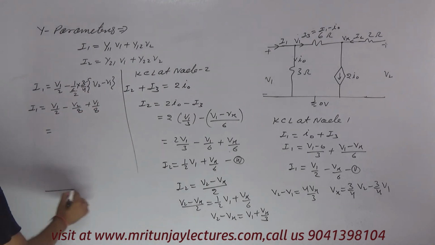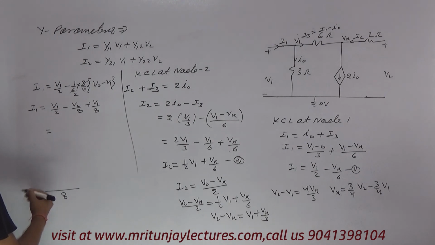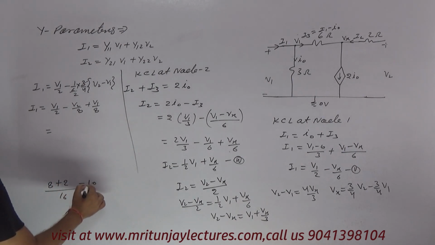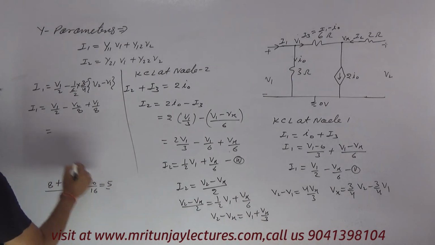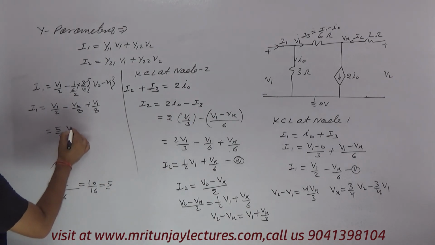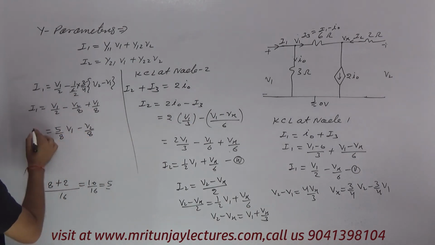So 8 plus 2, 10 divided by 16, 5 by 8. So 5 by 8 V1 minus V2 by 8, that is I1.